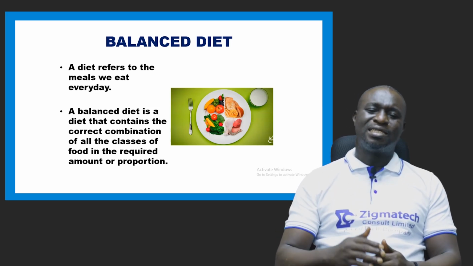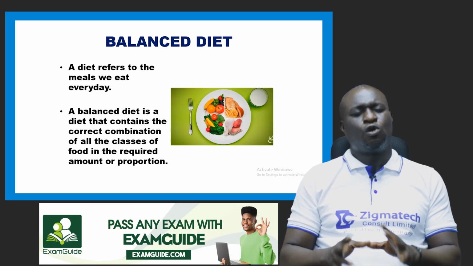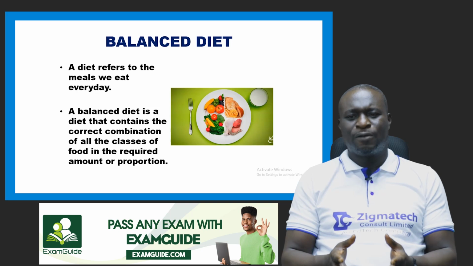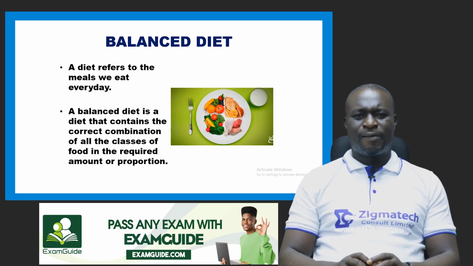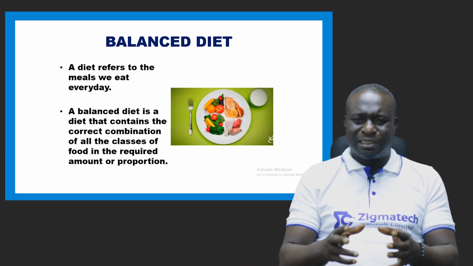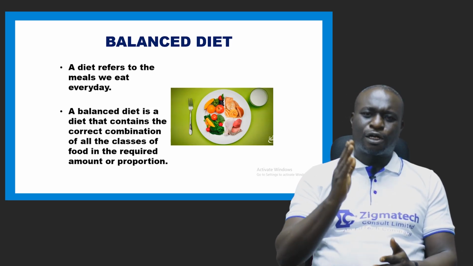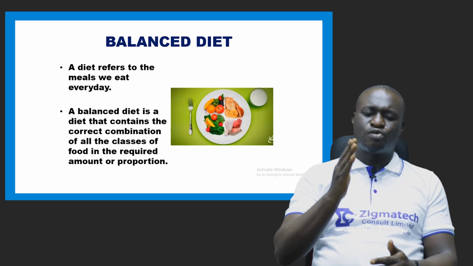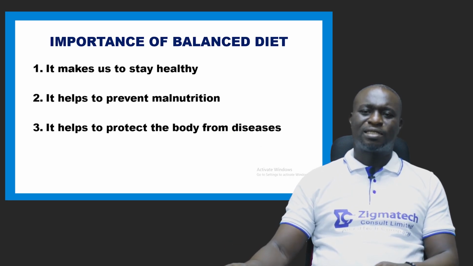A balanced diet is a diet that contains all these classes of food, all these nutrients we've just mentioned, in their right proportion. So a balanced diet is a meal or a diet that contains all the classes of food in their correct or right proportion or amount. So that is what we call balanced diet.